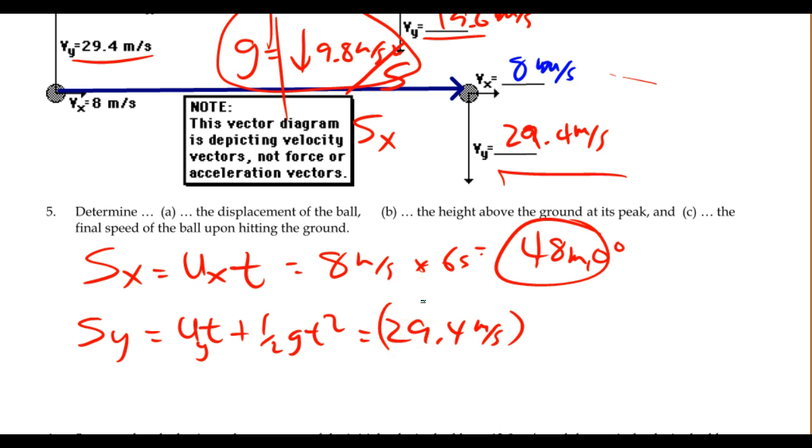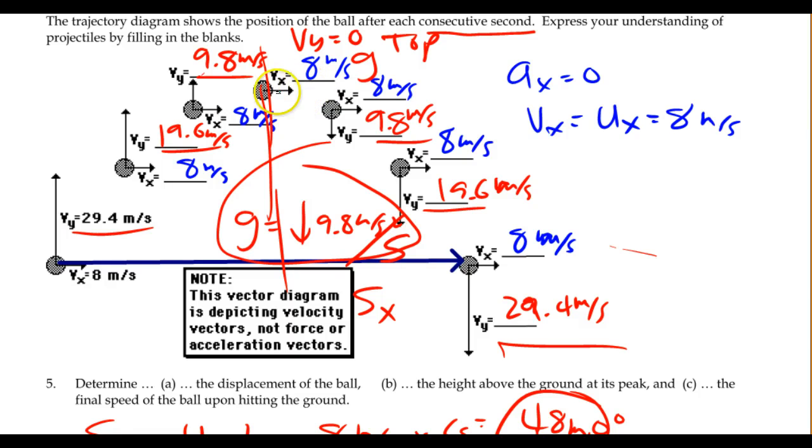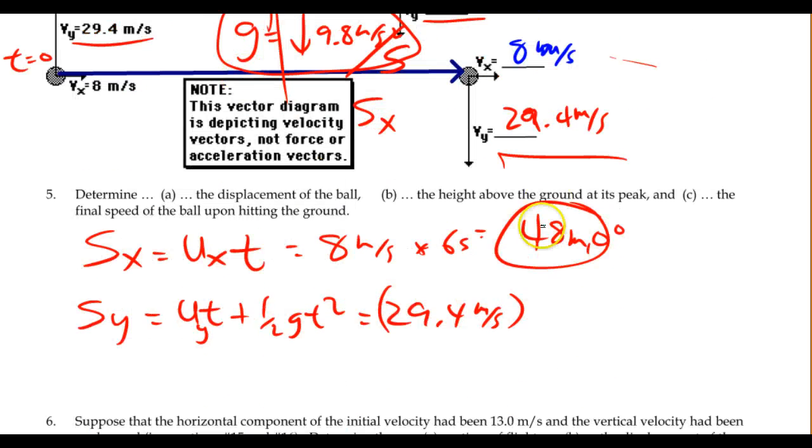Now, the question is, when does it reach its peak? Well, here in the diagram, it should be pretty simple. We just have to count the number of pictures. So this is time 0, time equals 1, time equals 2, time equals 3. So it's 3 seconds. Notice that's also 1/2 of the total time.